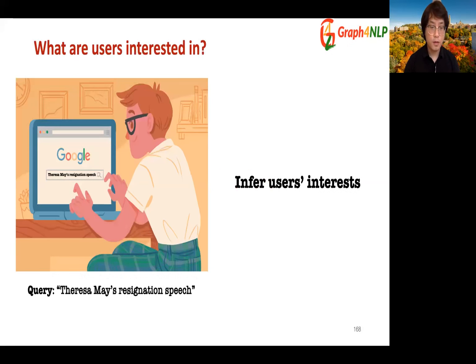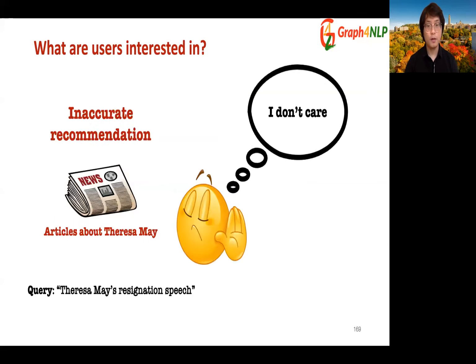So, for example, in this case, if a user is searching something in a browser, what is the user interested in? So we want to infer the user's interests. If the user inputs a query, trace-based representation speech, a search engine may extract the keyword resume, and then recommend other articles about resume.